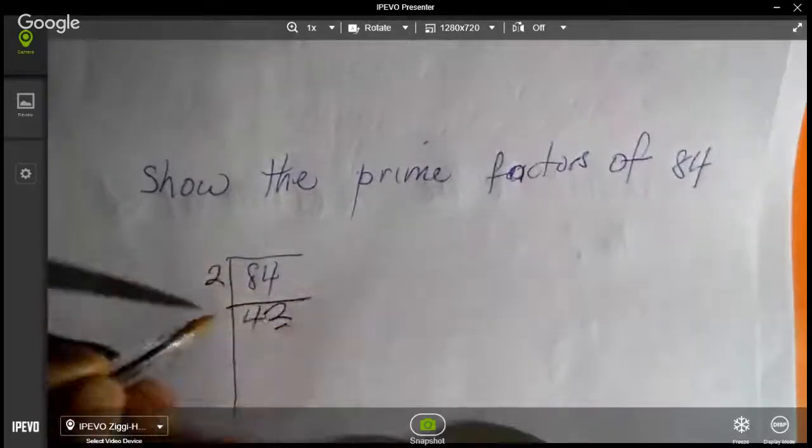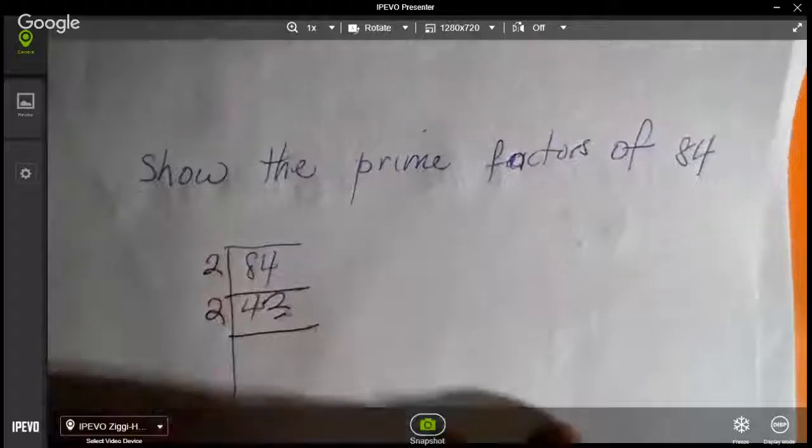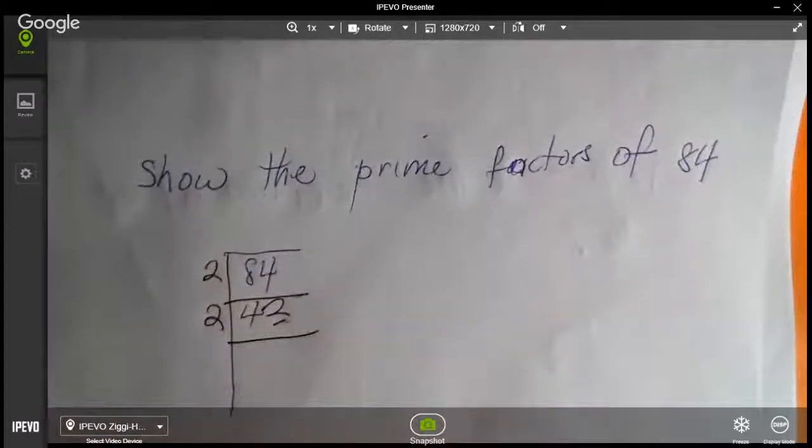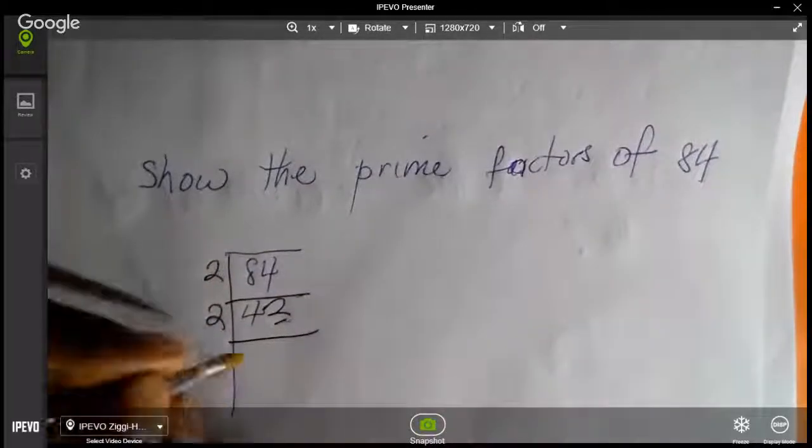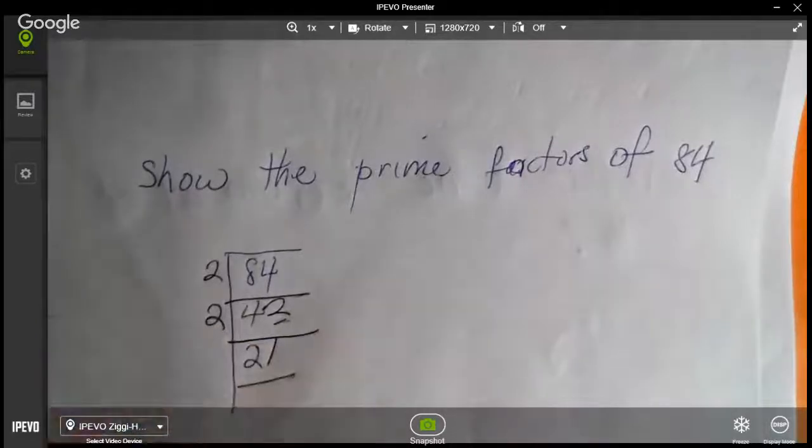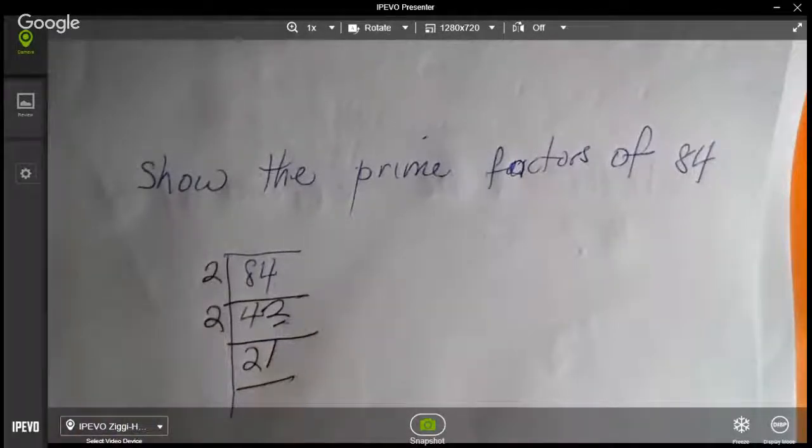Okay, so we have 2 here. So we know we can use 2 again. So 2 can go into 42 how many times? 21 times. Can 2 go into 21? No, sir, we leave a remainder. Okay, so it's not exactly divisible by 2. All right. So what do we need to use now? Sir, the next prime number, 3.